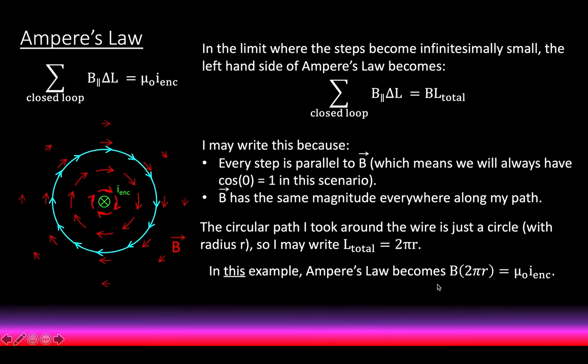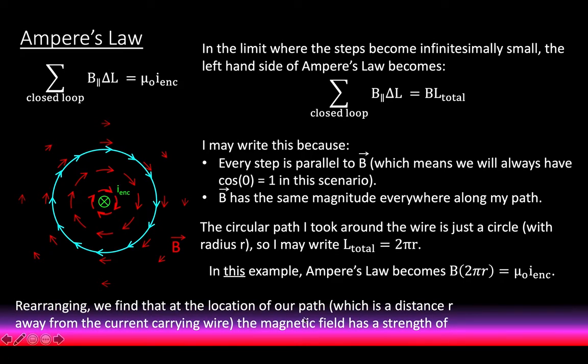The left side of Ampere's law becomes B times 2 pi r. The right side just becomes mu naught times I enclosed. Now if I rearrange Ampere's law and solve for B, then at a distance r away from a wire, the strength of the magnetic field is mu naught I over 2 pi r.